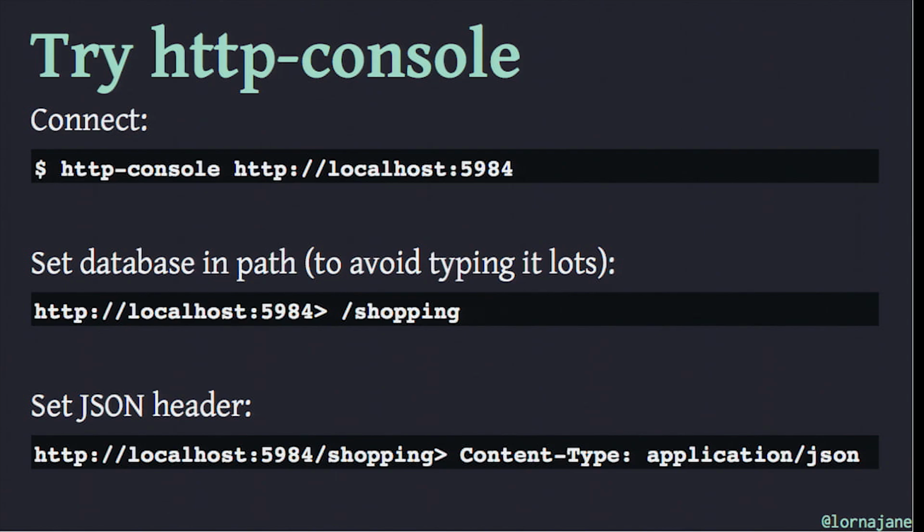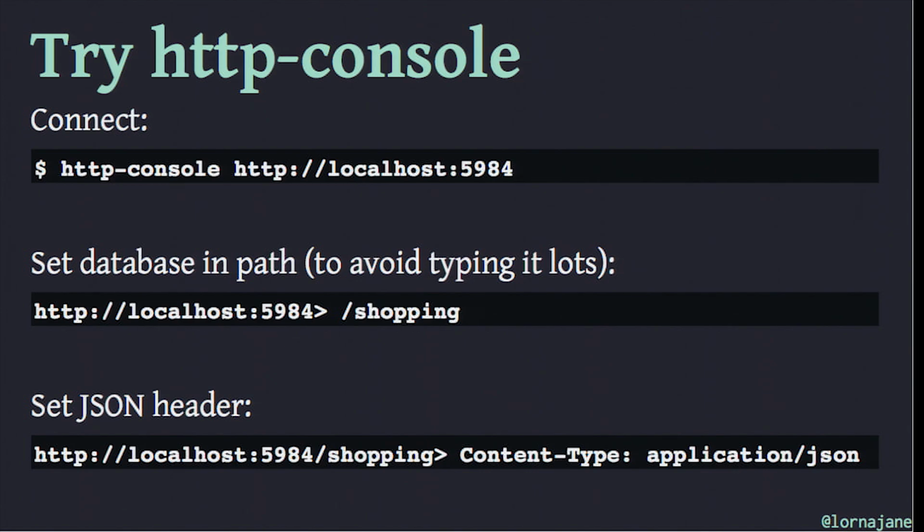And the thing that I like about this is once you're inside the HTTP console prompt, you don't have to keep typing the URL or working around the URL. It just remembers it. And I can add /shopping because I'm going to do operations on that database. It's called shopping because my demo is a shopping list. It's a list of items. We're going to add some items and go offline and keep adding items.